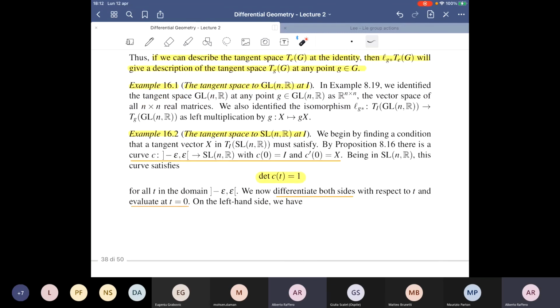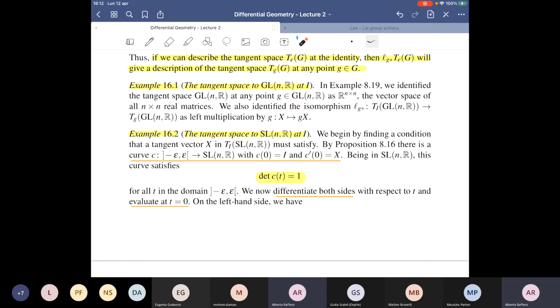Now, we have some computations of tangent spaces at the identity. For instance, for the tangent space of the general linear group at the identity, what you can show is that it is just isomorphic to the space of square matrices. This is because the general linear group is an open subset here.